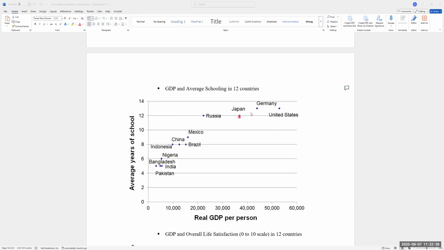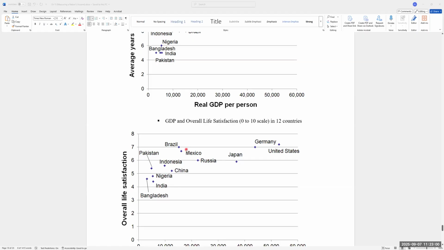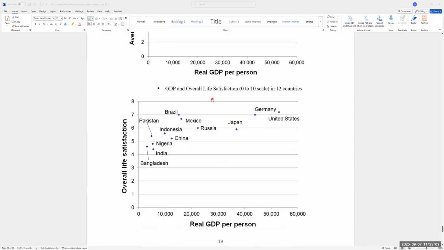Japan has 12 years in school on average, Germany and the US, some college. And you could see as real GDP falls, the level of schooling falls.